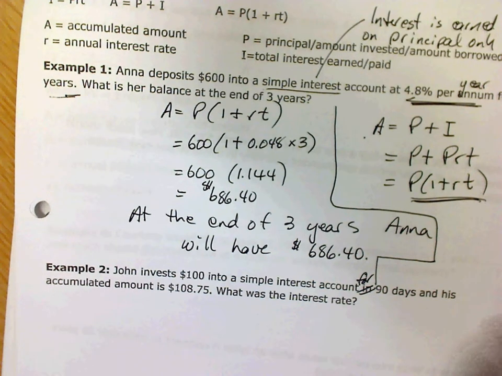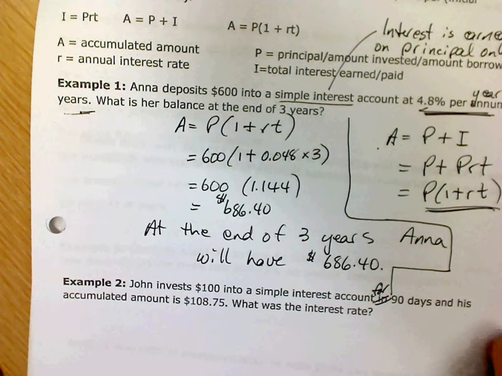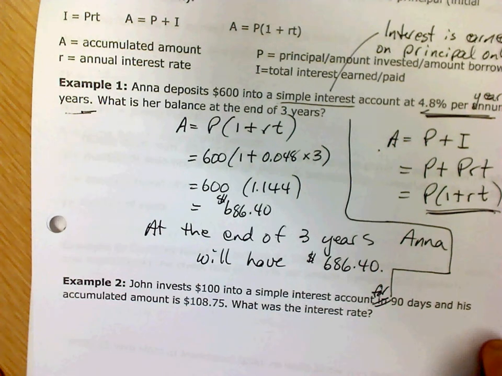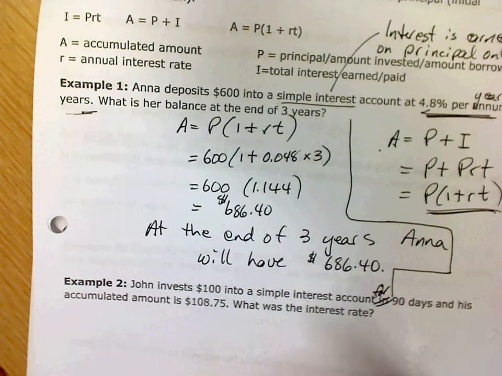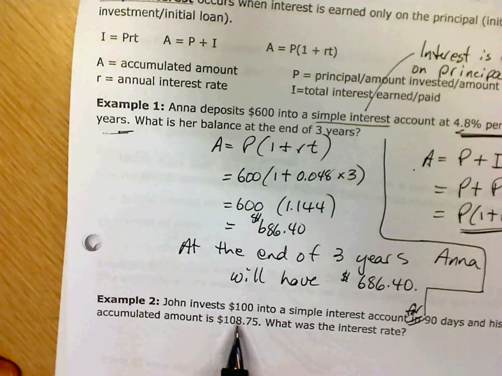Well, let's see. What do you recommend I use now? The first one? Okay, we could use the first one, but why don't we use the second one, because we need an extra calculation.